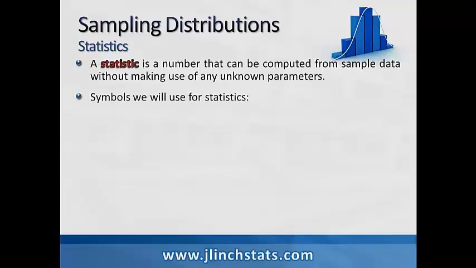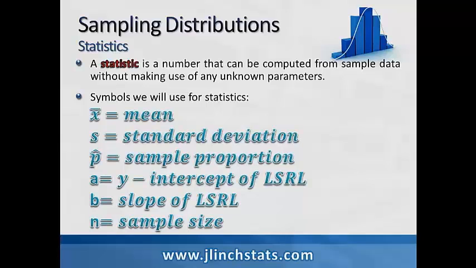Symbols that we use for statistics are x bar, which represents the mean, lowercase s, which represents the standard deviation of our sample, p hat represents the sample proportion, a represents the y-intercept of the least squares regression line of the sample, b represents the slope of the least squares regression line of the sample, and lowercase n represents sample size.